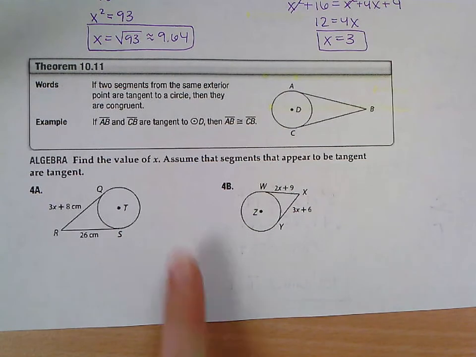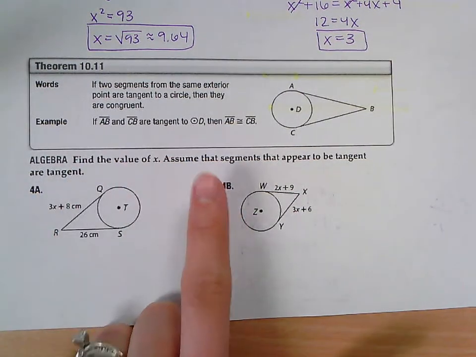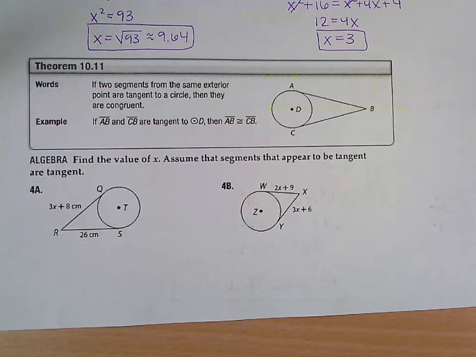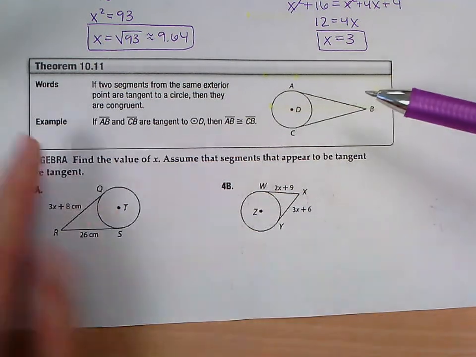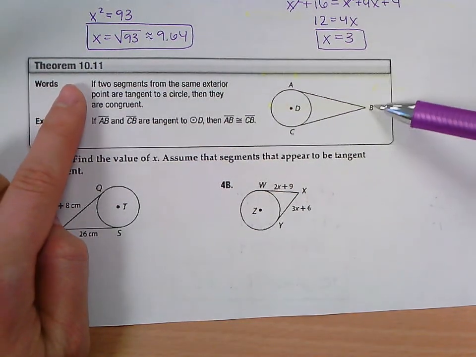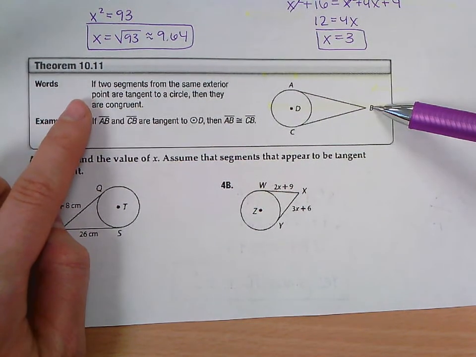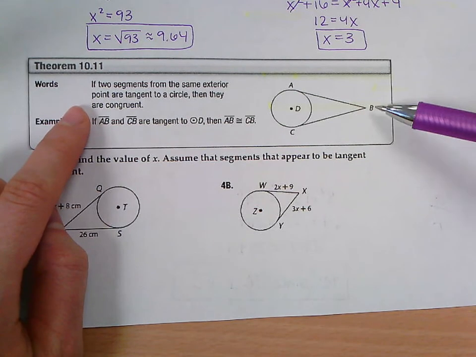So here's another theorem. So 2 theorems you have to keep straight for today, and then we'll keep adding on more relationships tomorrow. So here, if you look at the picture, it says if 2 segments from the same exterior point are tangent to a circle, then they are congruent.